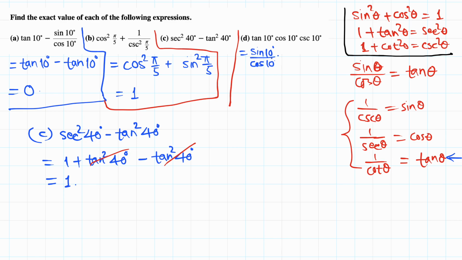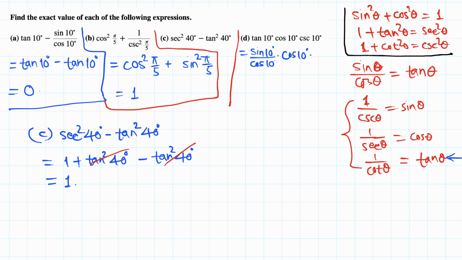Because sine and cosine are what we want to keep, other trig functions we want to convert in terms of sine and cosine so that we can simplify. So here is cosine 10, just leave it there, times cosecant. Earlier, 1 over cosecant is sine; the other way around, 1 over sine would be cosecant.